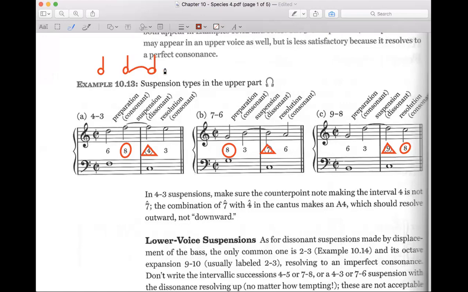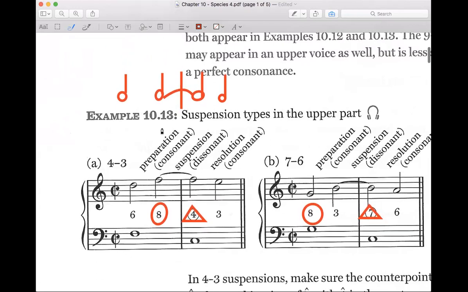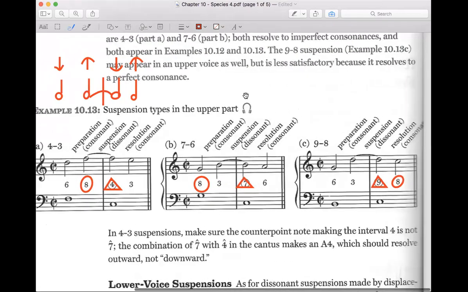Okay, and that is in all of these examples here. Let's see if it will let me draw. Okay, there we go. So here we have a tie over the bar line. So you could think of this as strong beat, weak beat, which is tied to a strong beat, weak beat. Okay, all of these have that in common.